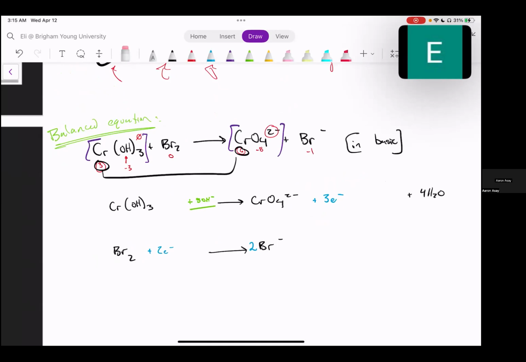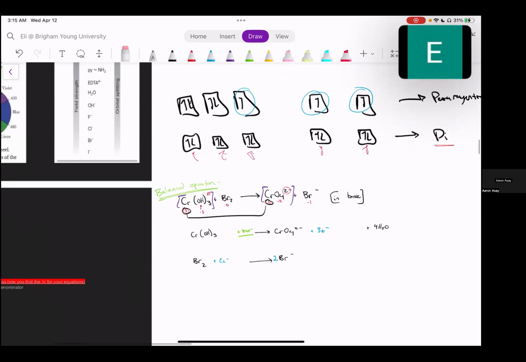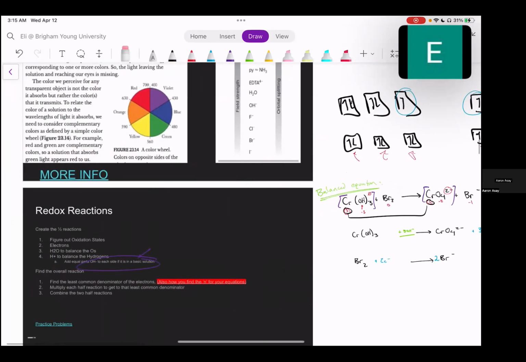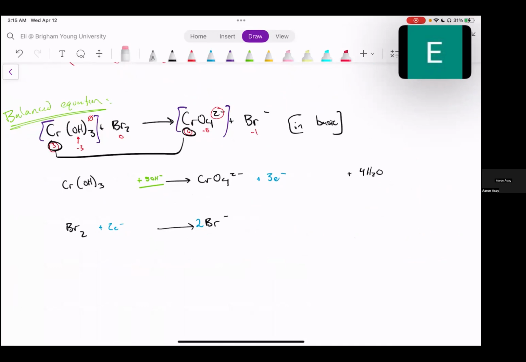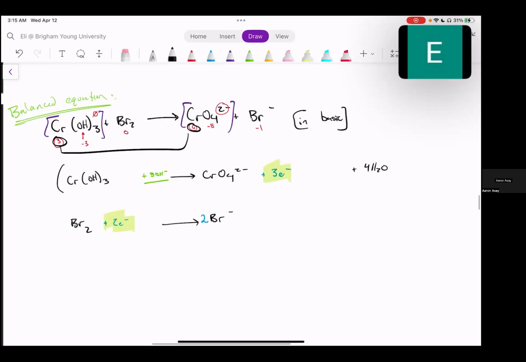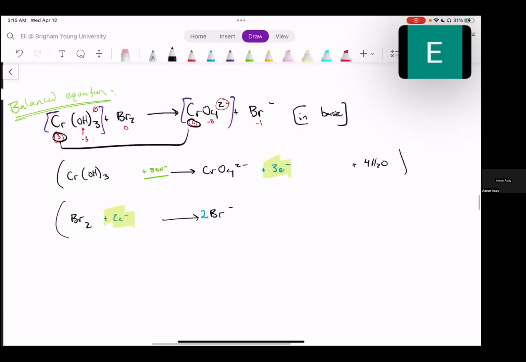The next thing we're going to have to do, if we want to find the overall reaction, is find the least common denominator of the 2 electron counts. So right here I have 3 electrons. Over here, I have 2. The least common denominator is going to be 6. I'm going to put these in parentheses.